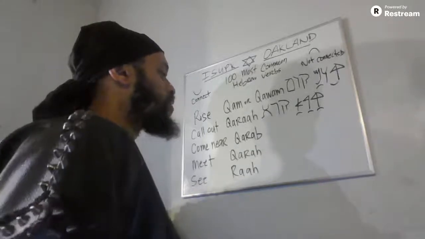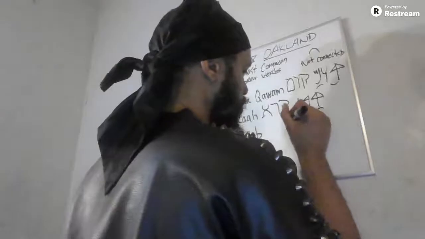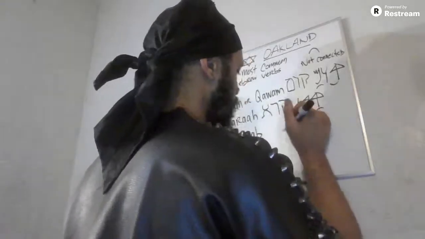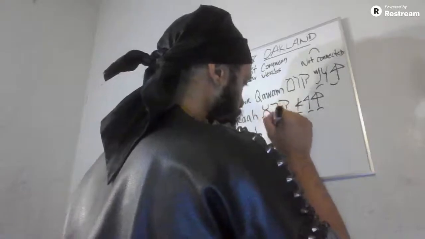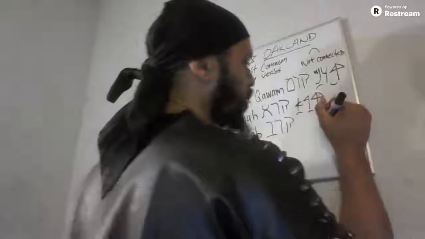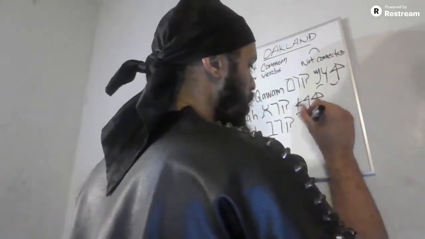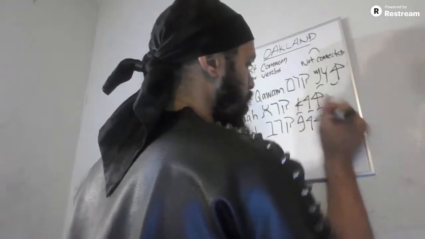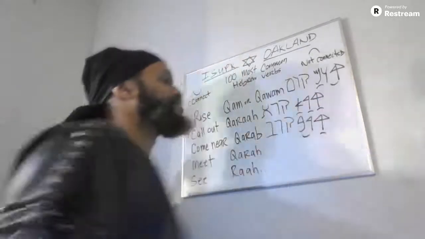Come near is Qarab. So Qua, Ra, and Ba. And in the ancient, it's Qua, Ra.